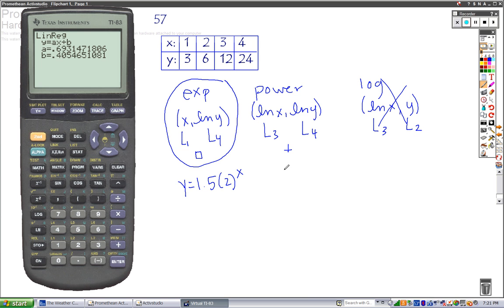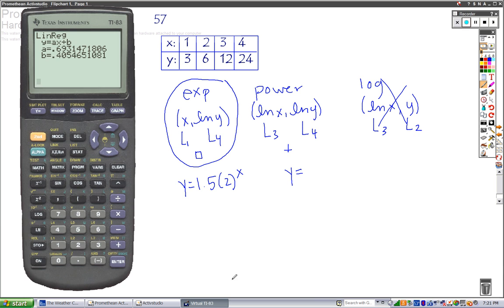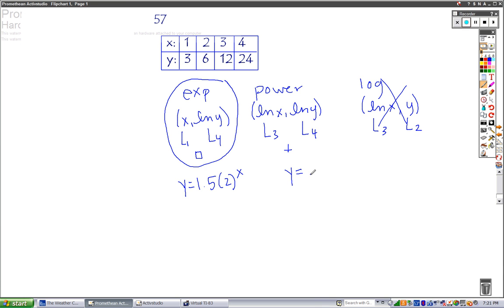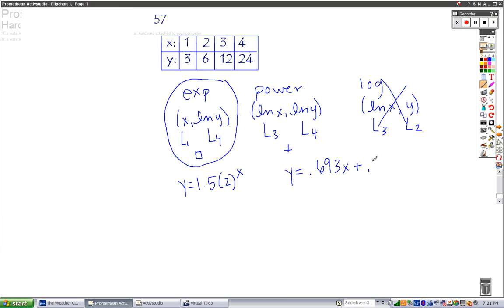Alright. So I'm going to round this to 3 decimal places. Y equals, and my memory is really bad, 0.693x plus 0.405.